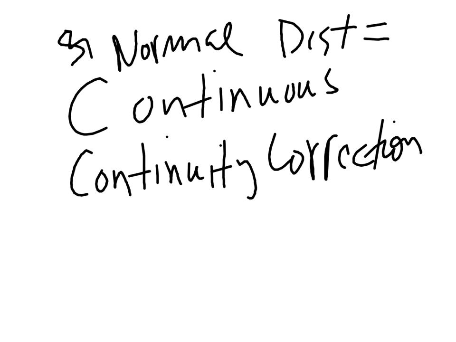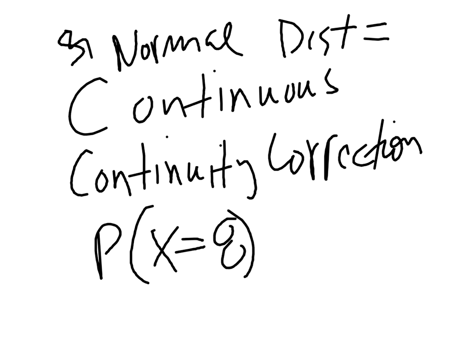In other words, let's say we're dealing with the number of heads for a given number of flips of a coin, and we want to know the probability of getting exactly 8 heads. Well, this is discrete, and we know that our normal distribution is a continuous distribution.